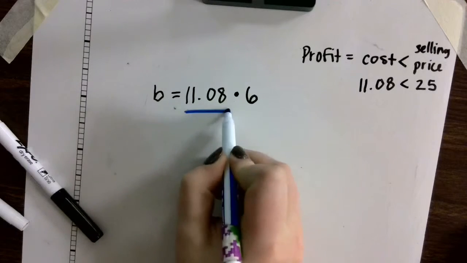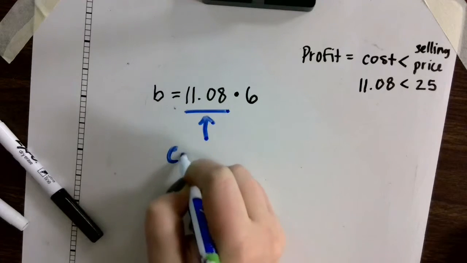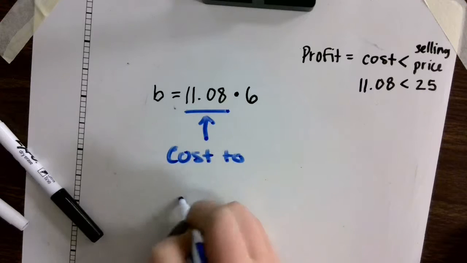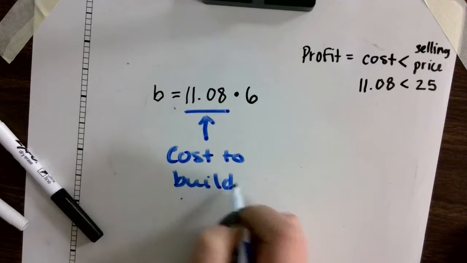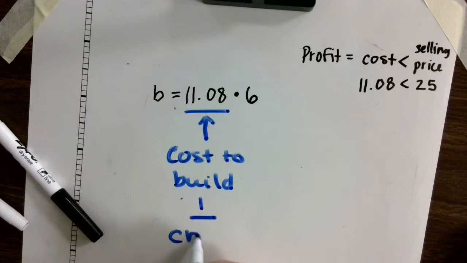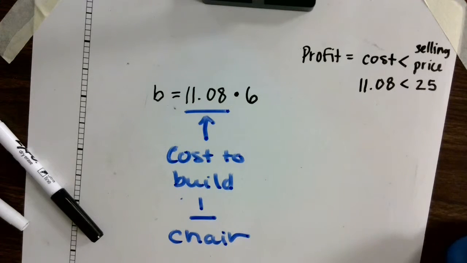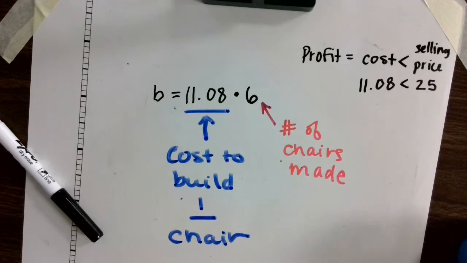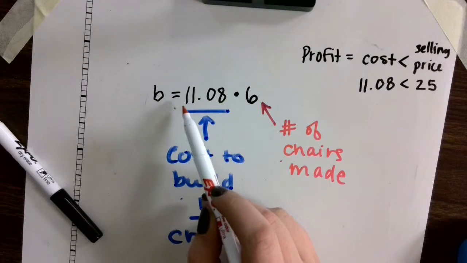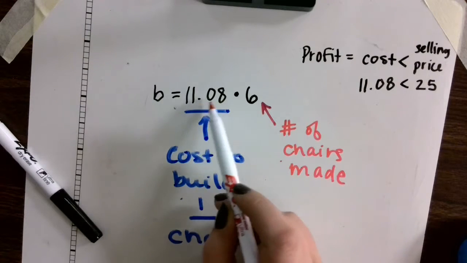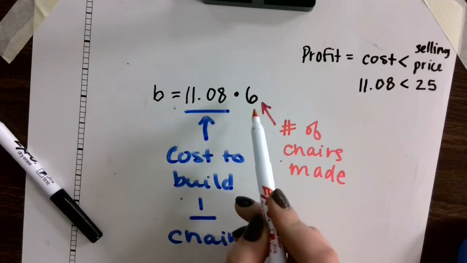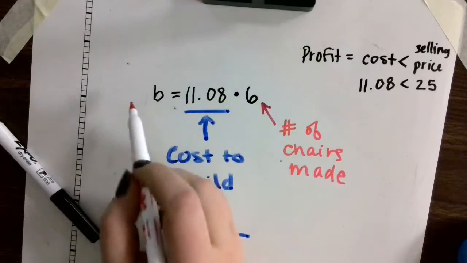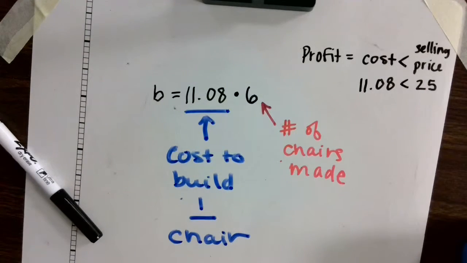So, $11.08 is the cost to build 1 chair. Okay? And 6 is the number of chairs made. So I have to multiply $11.08 times 6 in order to find how much it cost Ty to make those 6 chairs.